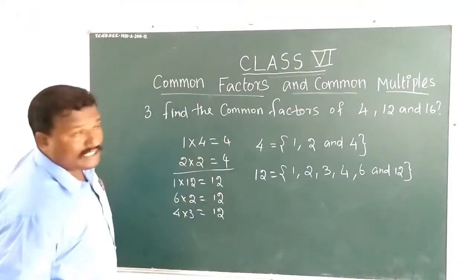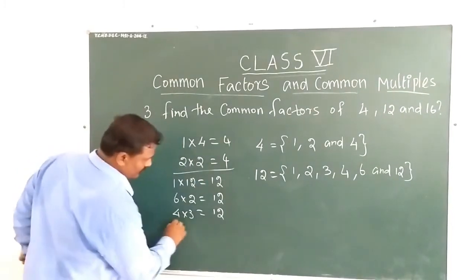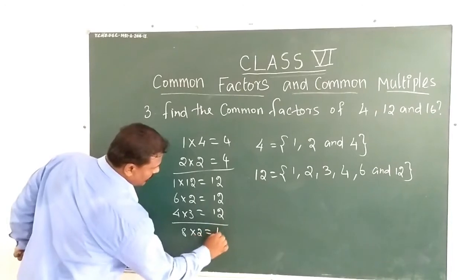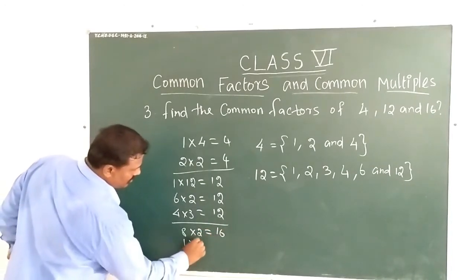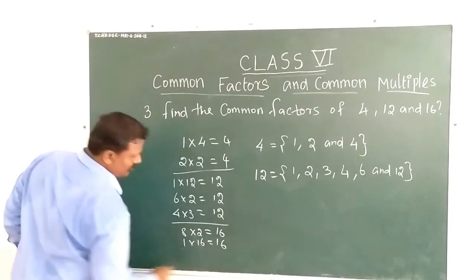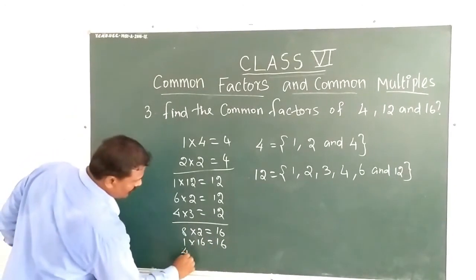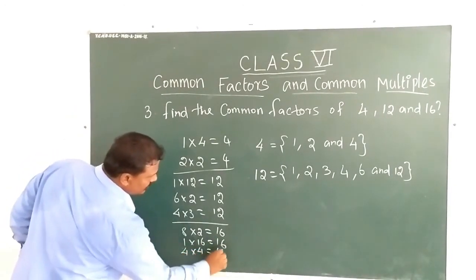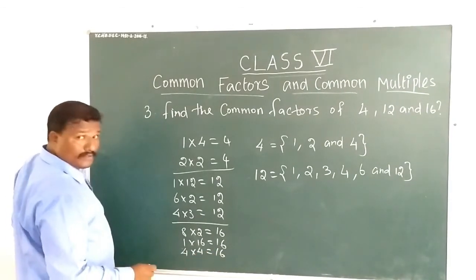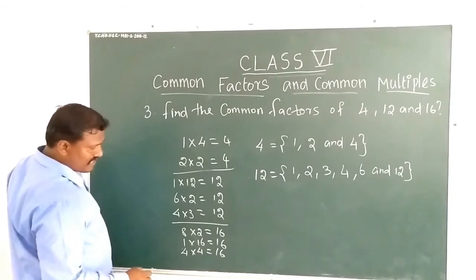Now we want to find the factors of 16. 8 2s are 16, 1 16 is equal to 16, 4 4s are 16.